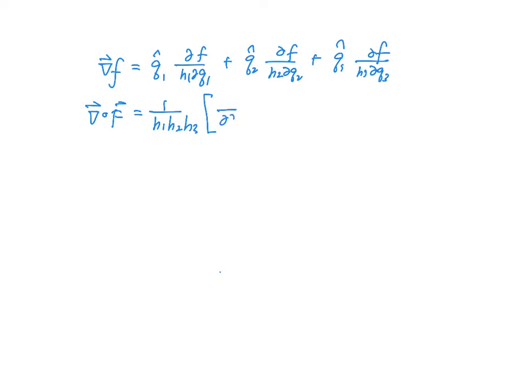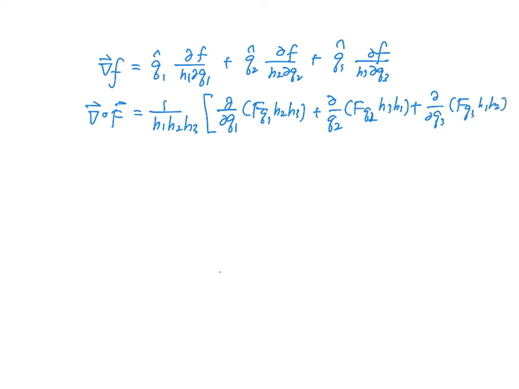That is partial Q1 partial F Q1 H2 H3, partial Q2 partial F Q2 H3 H1, partial Q3 partial F Q3 H1 H2, right? That's your divergence expression for general coordinate. Let me just double check.